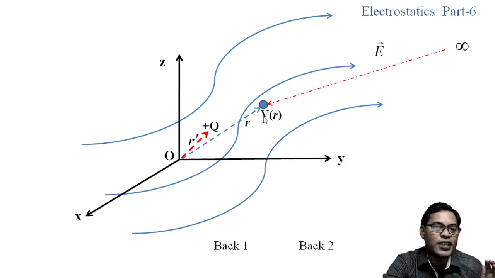So this V is dependent not on the path taken to move the unit positive charge from infinity to that point, but only on the radial distance r from the origin.